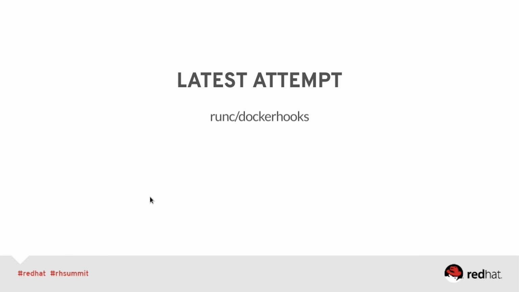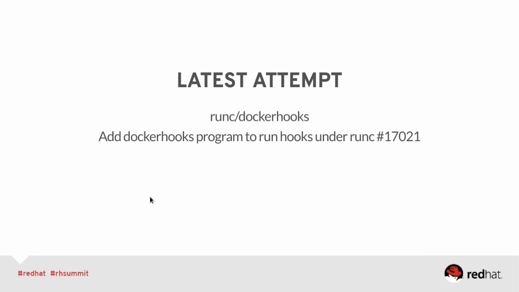Because runC has the support for doing this, we asked them to add hooks to Docker, and that was that pull request, and as you can imagine, it was closed because they kind of knew what we were trying to do. So we said, screw them, we're carrying the patch. As of Docker 1.10, we're carrying a patch where we're taking advantage of runC hooks that will basically allow us to set up systemd inside of a container the way it expects.